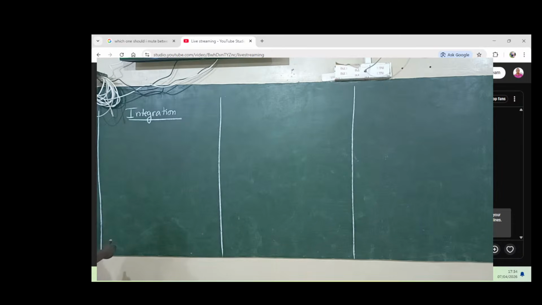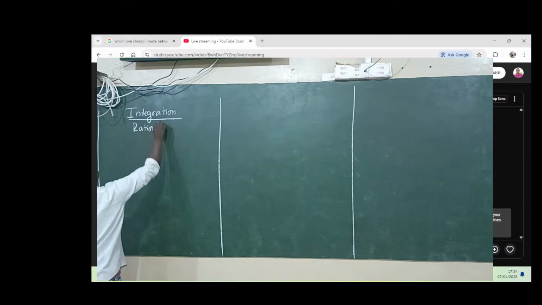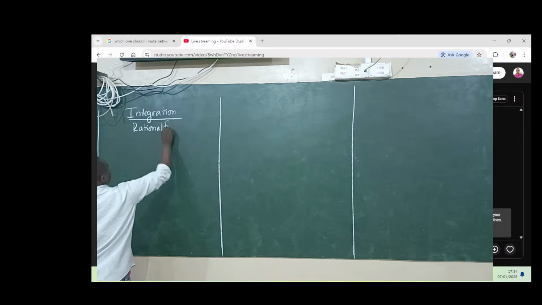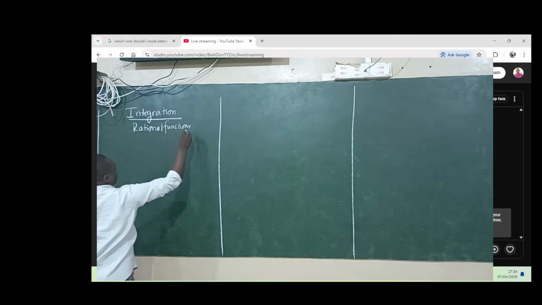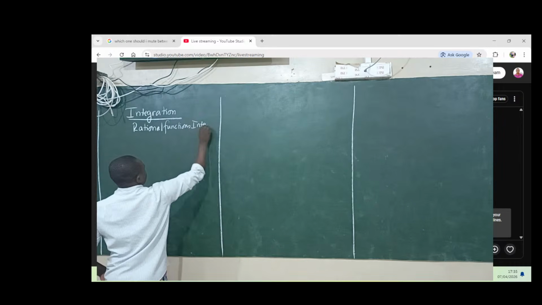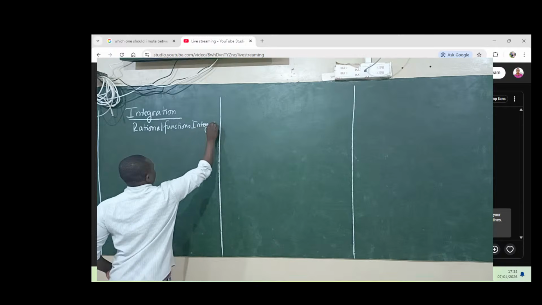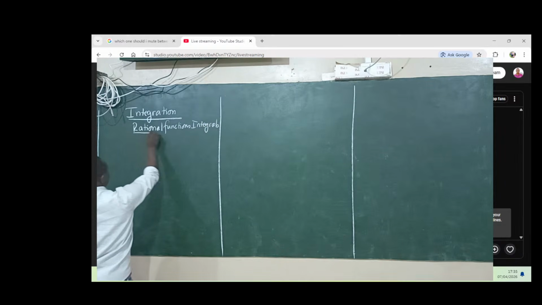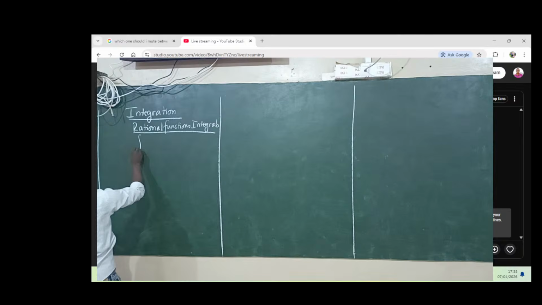Last time we were on rational function integrals. It was of the case the integral of h of x by g of x dx.